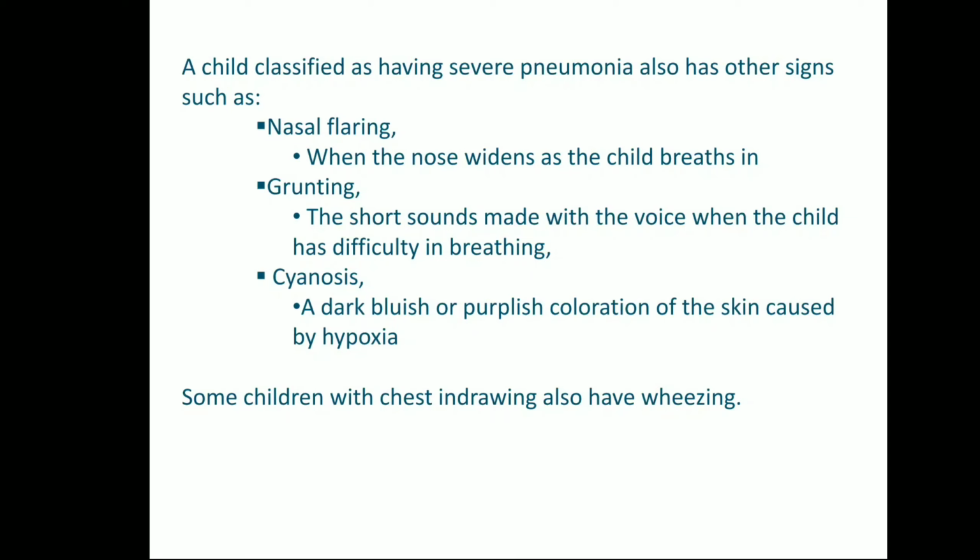And what is cyanosis? Cyanosis is a bluish or purplish coloration of the skin, which is caused by hypoxia. What is hypoxia? Whenever a child is unable to breathe adequately and there is decreased breathing, it results in a condition called hypoxia, in which the skin may be either purplish or bluish in color.